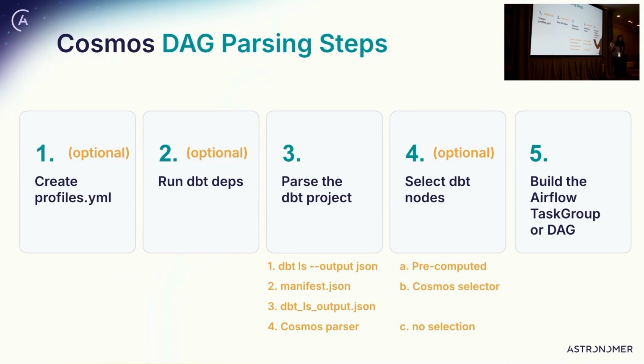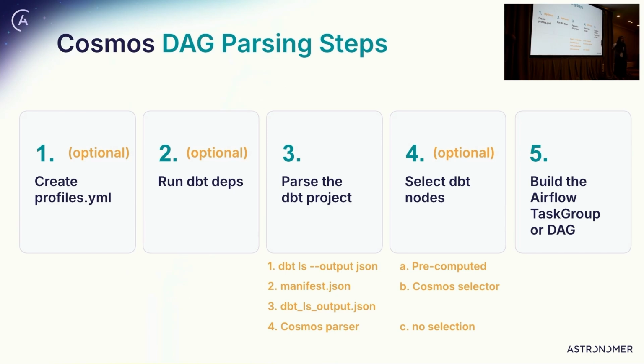Cosmos may want to create a profiles YAML if people are not giving it, if you're using profile mapping. Second, Cosmos may be trying to run dbt deps depending on your configuration, because people can define a packages YAML, which may not be installed in the Airflow worker node, and if you don't run dbt deps, it will just fail.